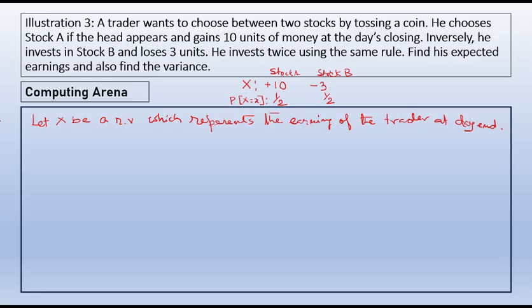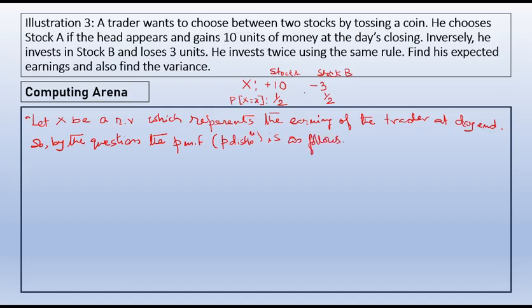So, by the question, the probability mass function or probability distribution is as follows.